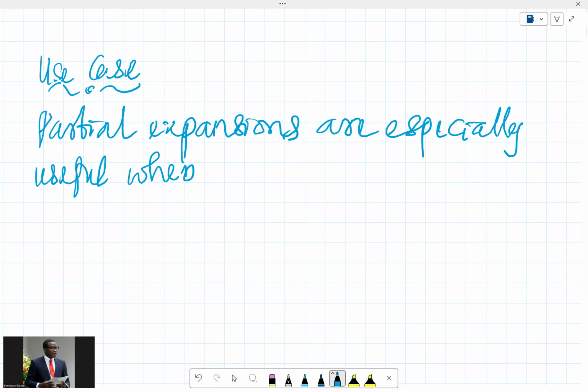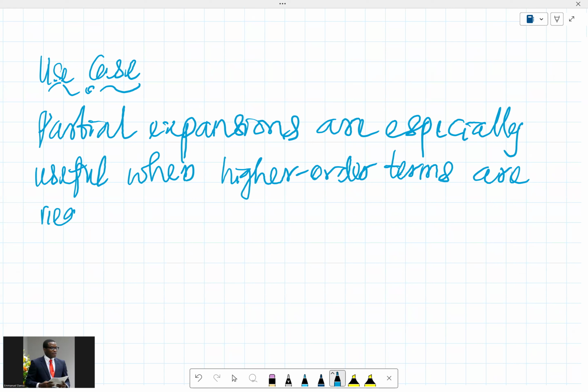when higher order terms are negligible. In some cases, higher orders are just so very small, so we can forget about them.